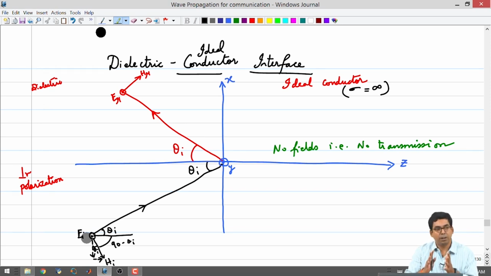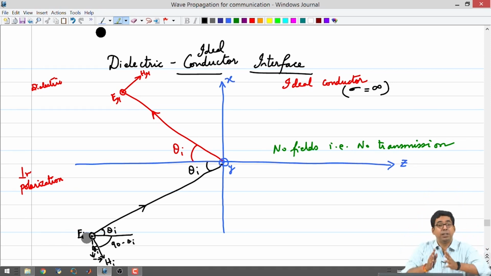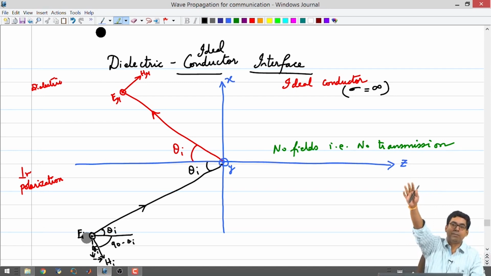It is not going to be spreading everywhere, but the electromagnetic wave is going to be completely confined between these two plates. And if the two plates are going to a large distance in the large x direction, the wave is also going to travel bouncing back and forth between these two plates and reaching another side.